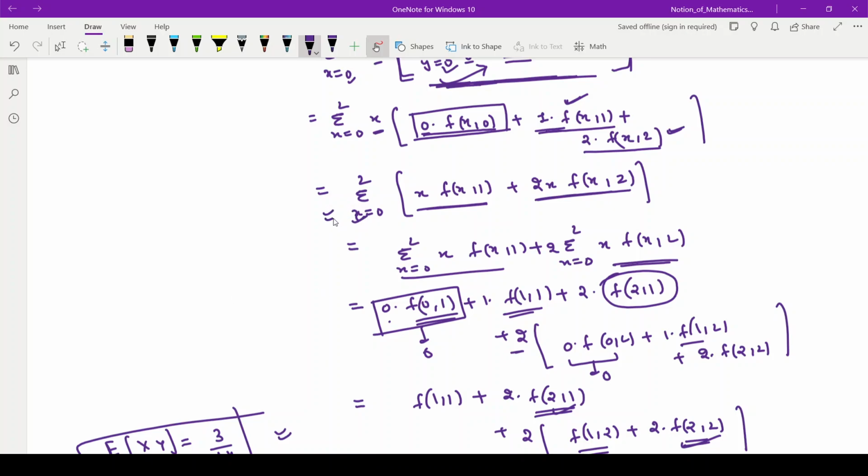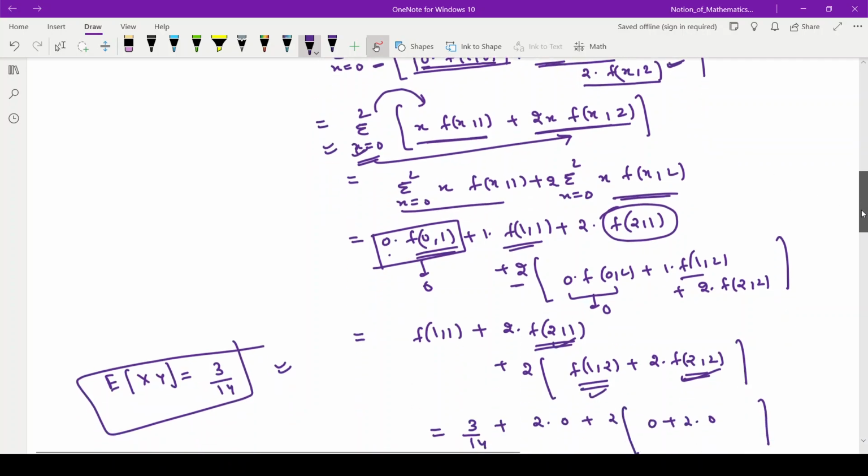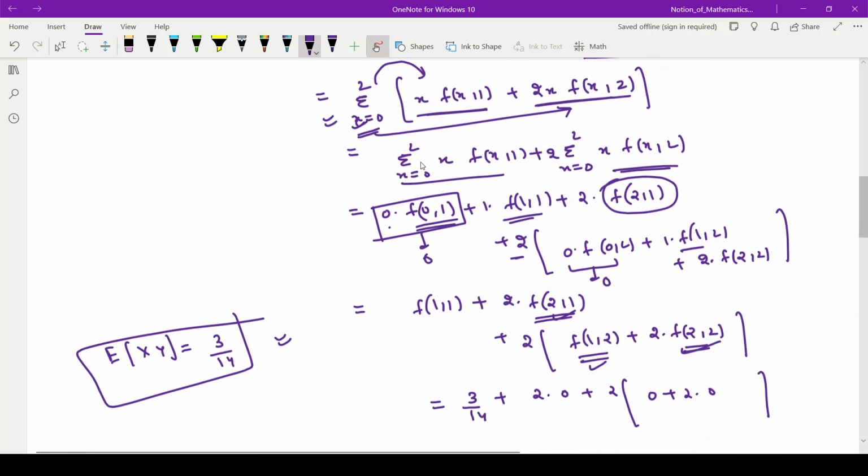Now this summation is distributive over each and every term. So I can apply this summation over this term and over this term. That is what I have written here. It is just like summation x is 0 to 2 of x into f(x,1) plus 2 summation x is 0 to 2 of x into f(x,2). Now for this particular summation I will first apply 0, 1 and 2.